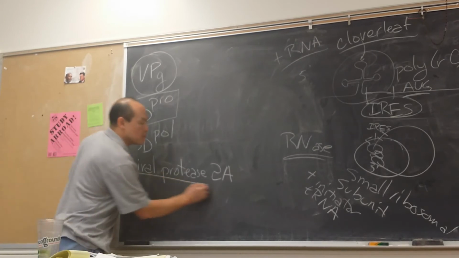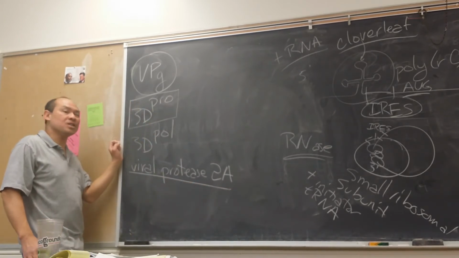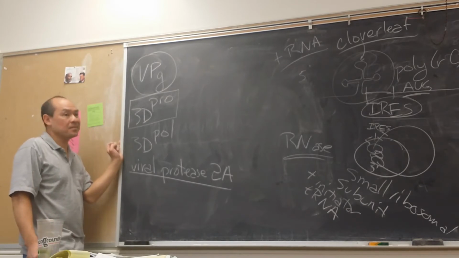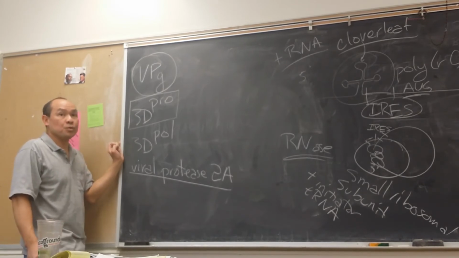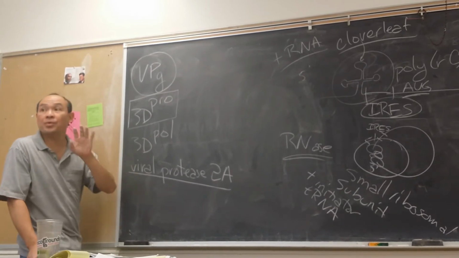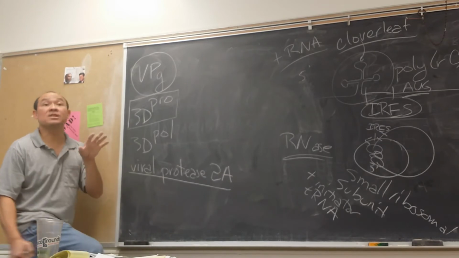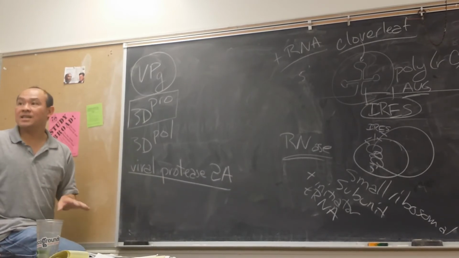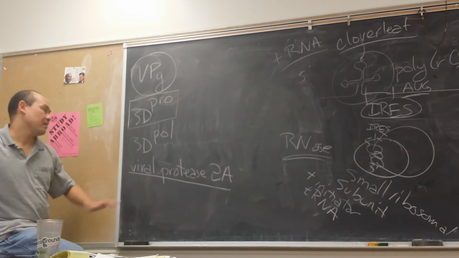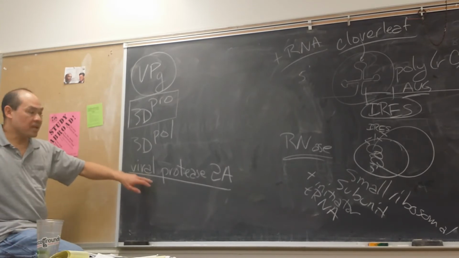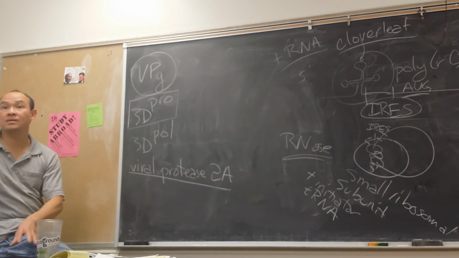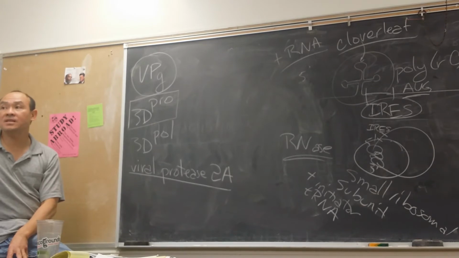Whereas the viral protease 2A actually targets host proteins, and I'll go through the mechanism in a minute, to suppress translation of host proteins. So again, the viral protease 2A targets the host mechanism to suppress the synthesis of host proteins.